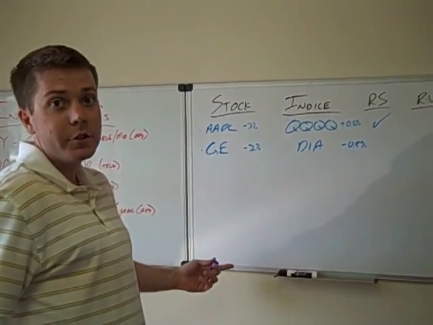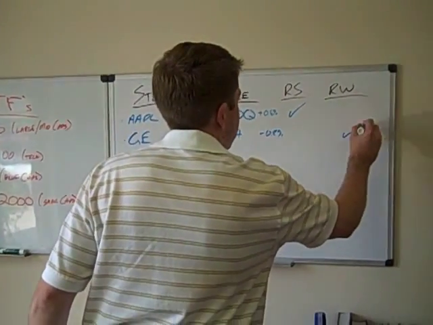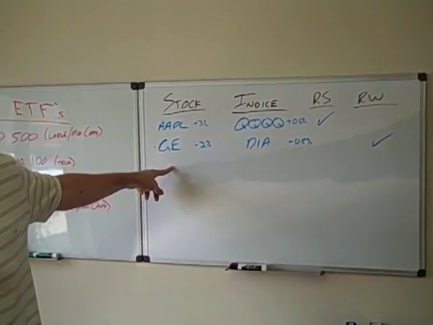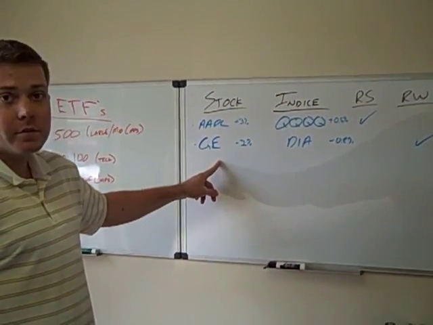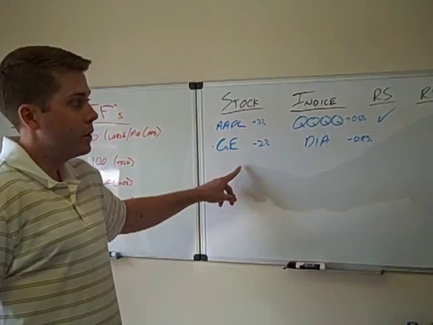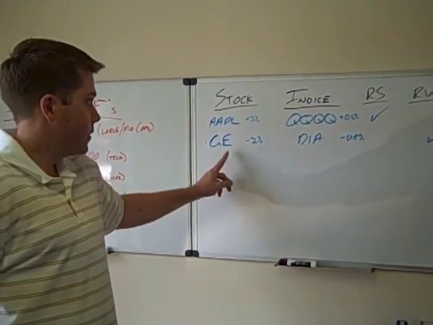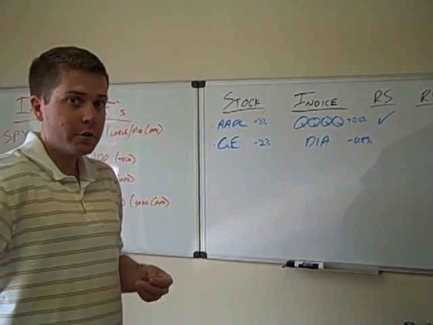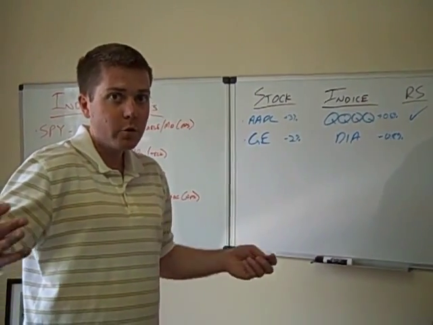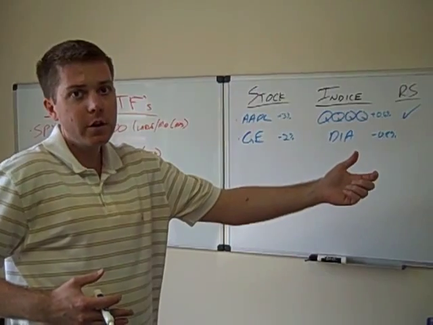What does that mean? That means GE is relatively weak. So if GE is on your short list, that's a great piece of information to have. It's relatively weak, so keep it on your short list. That's definitely a great one to watch. You want to focus on relatively weak stocks for short candidates, relatively strong stocks for long candidates.